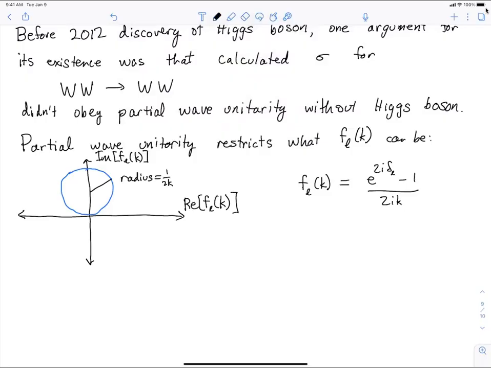And then if you're, say, at this point on the circle, if that's your f_L of k, then this angle is 2 times the phase shift. Okay, and so this is known as the unitary circle for f_L of k.